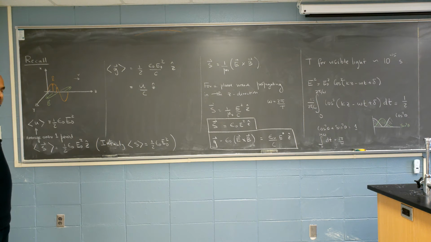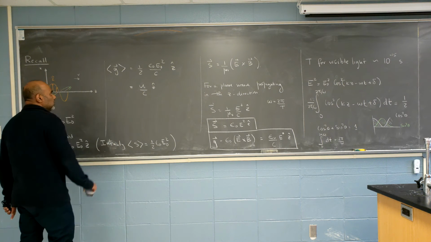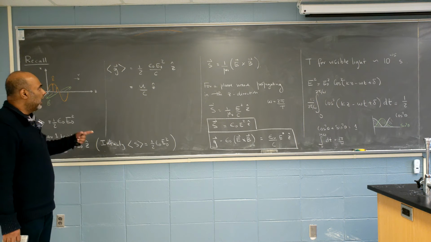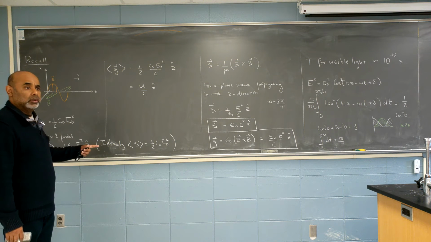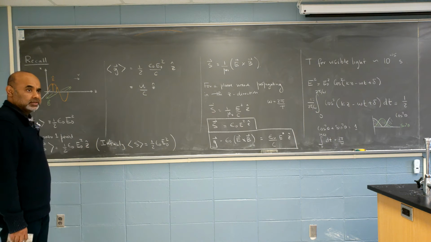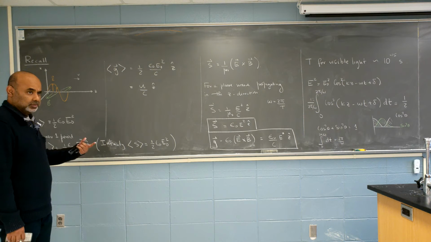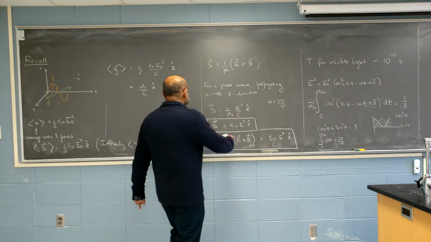Yeah? Again, I wouldn't memorize all of this at all. I just know where they come from and go to the textbook as needed. It is really applying the expressions we had previously.